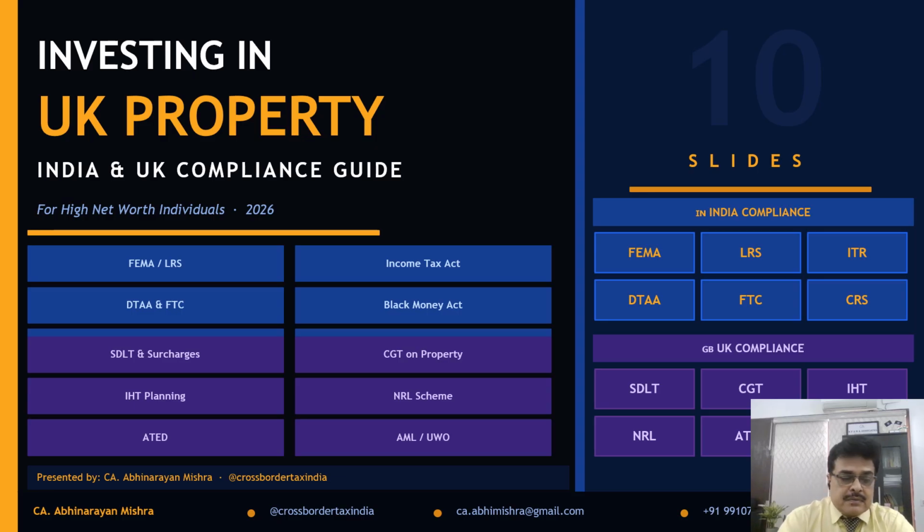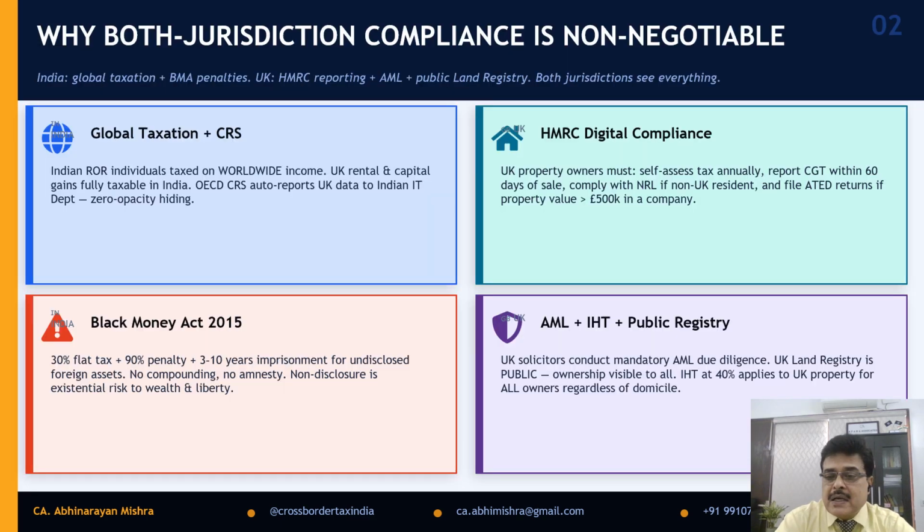The most critical point is that Indian tax residents who are ordinarily resident, ROR individuals, are taxed on their global income. So UK rental income and UK capital gains are all taxable in India too.